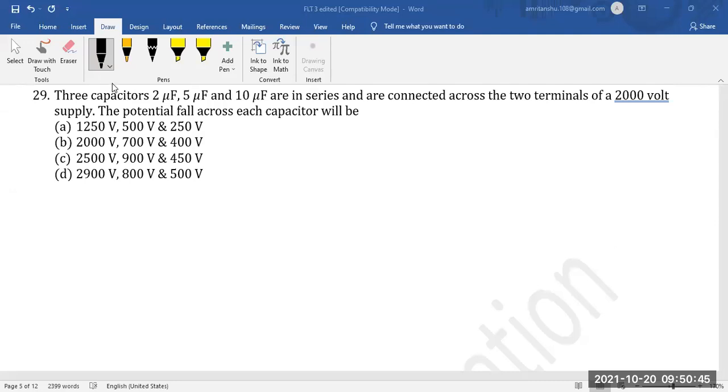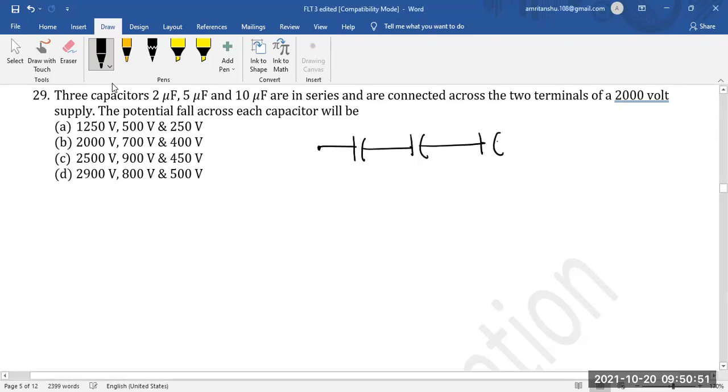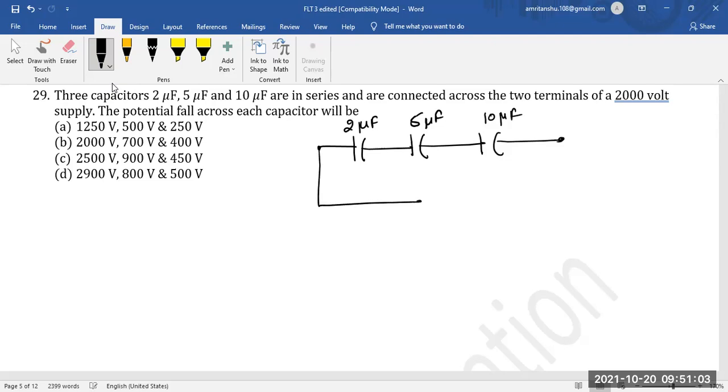So now three capacitors are connected in series. So one is 2 microfarad, another is 5 microfarad, and another is 10 microfarad, connected to a 2000 volts. So let's say this is positive, this is negative. It's 2000 volts.